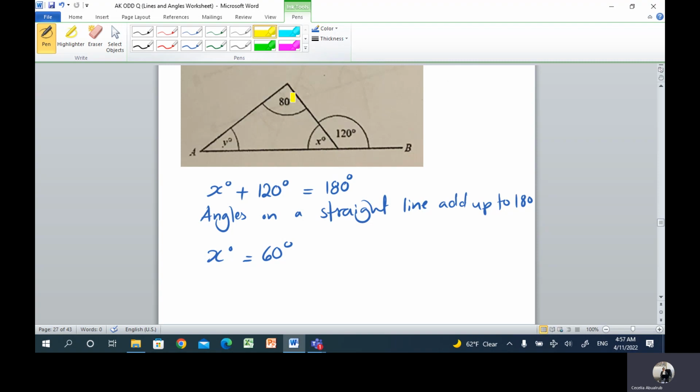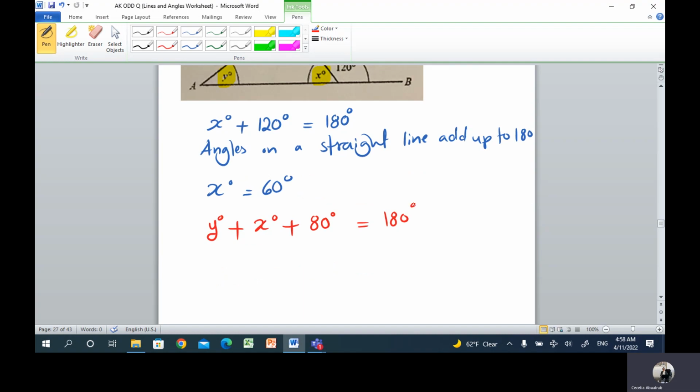And as you can see, 80, Y, and X are angles in a triangle. So we're going to start with Y because Y is the unknown, plus X plus 80, it's equal to 180. Why is that? Because angles in a triangle add up to 180 degrees.